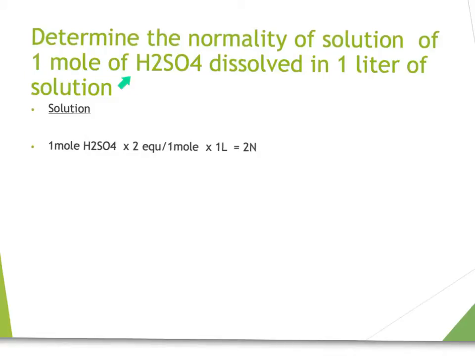Our 1 mole solution had 2 hydrogens. So we had 2 equivalents on top and 1 mole on bottom. Our problem states that we have a 1 liter solution. We multiply that times 1 liter. Moles will cancel out, and we will be in equivalents per liter, which is normality. So our answer would be 2.